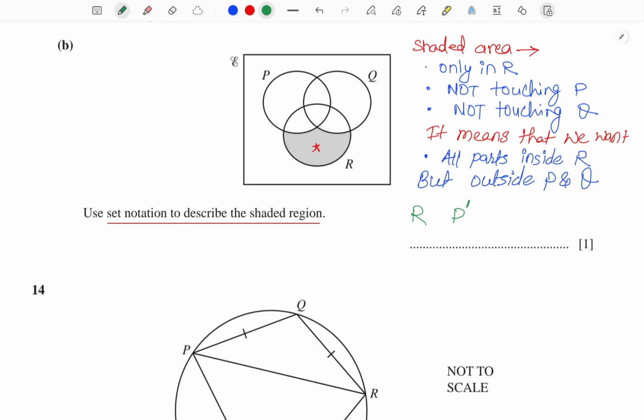And we also need everything that is outside Q, so I will write Q complement. And I need their intersection. I need the common part. I need these qualities everywhere, so I will write the intersection sign. So this one here is the required set notation that is describing this shaded region.